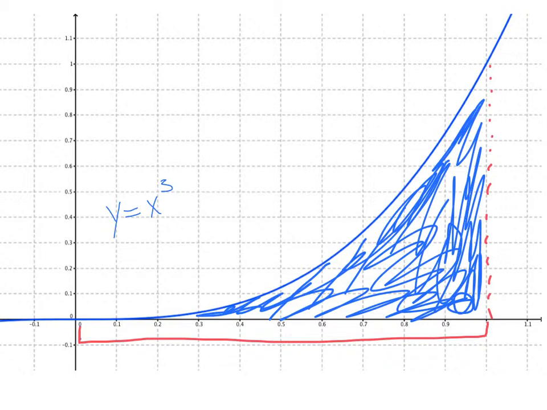Okay, let's get organized. We know that we're working with the function y equals x cubed. We know we are on the interval 0, 1. And so this tells us that a, in our case, is 0 and b is 1.